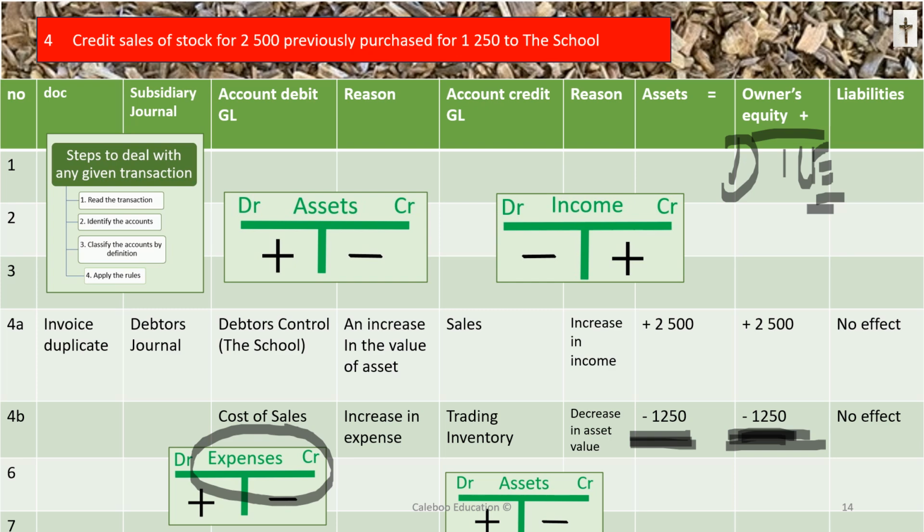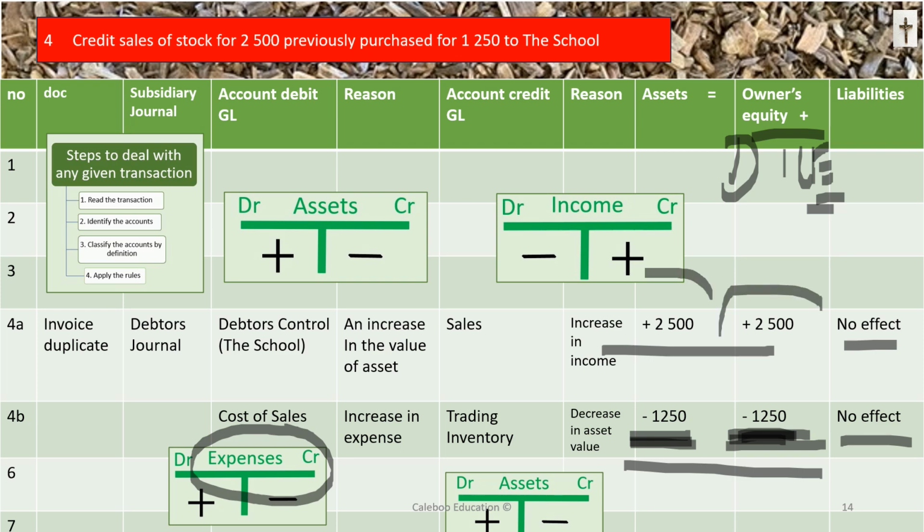And there's now no effect under liabilities for the sale and for the cost of the sale. And let me show you something quickly. We are using a perpetual inventory system which keeps an update of stock after every single transaction.